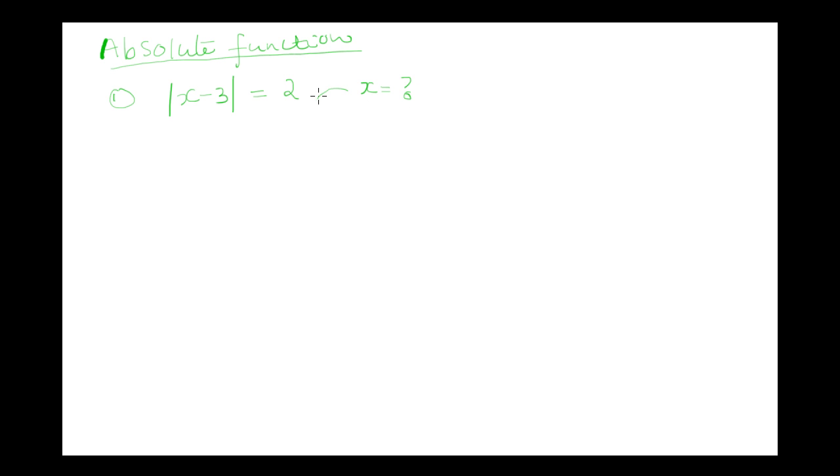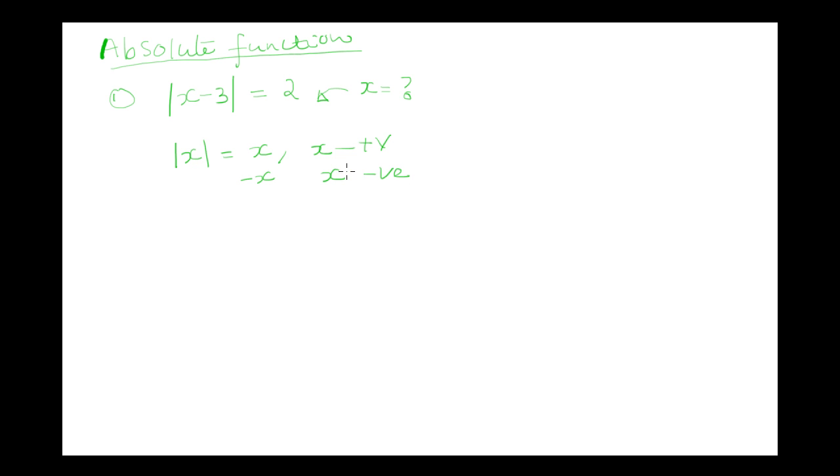From the definition of absolute x, which we know: absolute of x equals x when x is positive, equals minus x when x is negative. This is the result which we know.